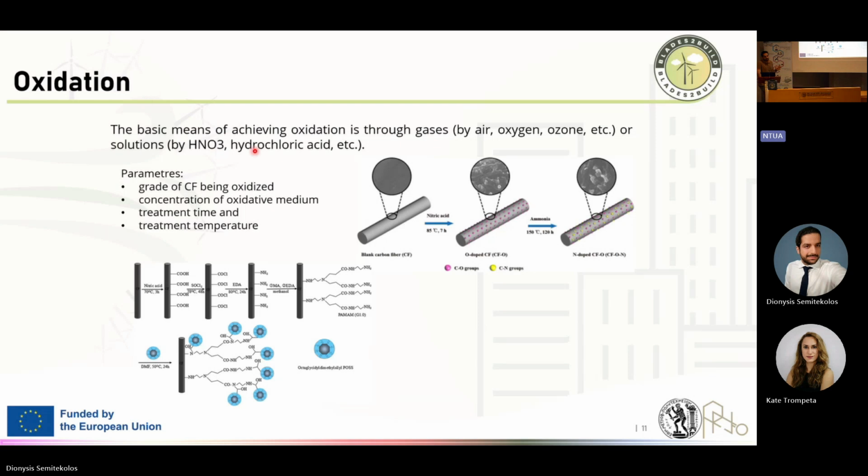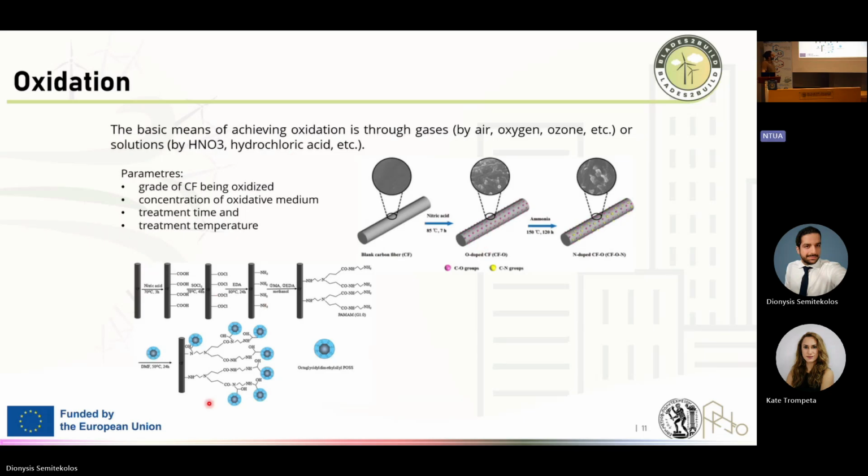Some of the mediums that we use are shown here. And generally, oxidation can be a good starting point for further treatment.